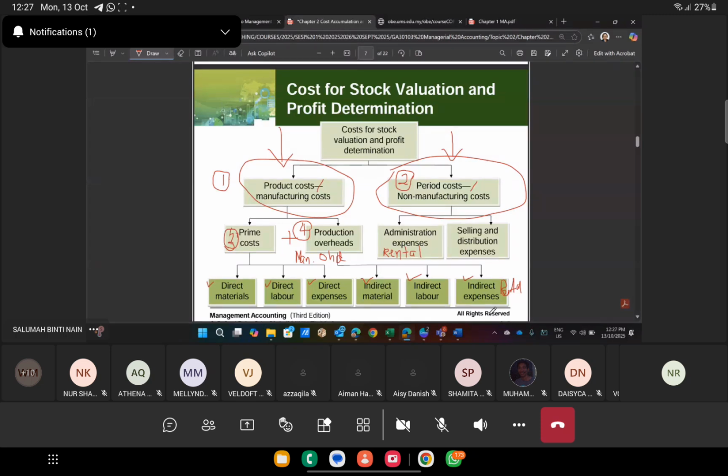So please be able to identify product cost, all of the costs that involve the production, and period cost, all of the administrative and selling expenses. That is cost for stock valuation and profit determination.